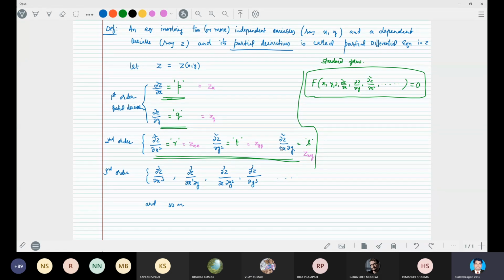So like that also we can denote the partial derivatives.